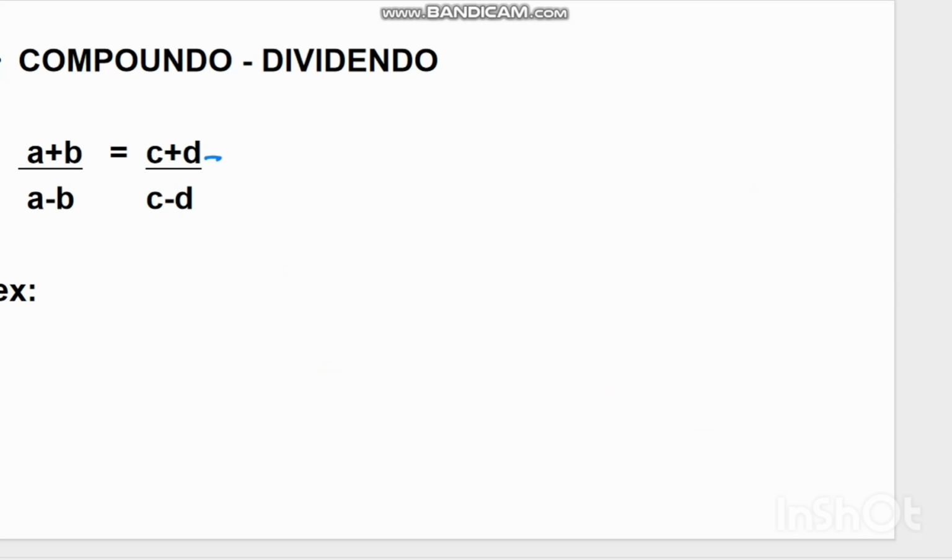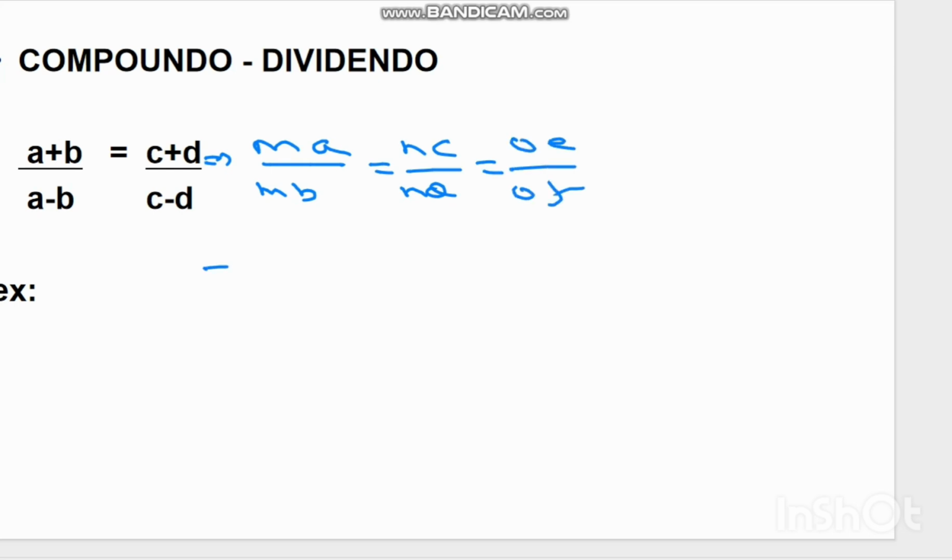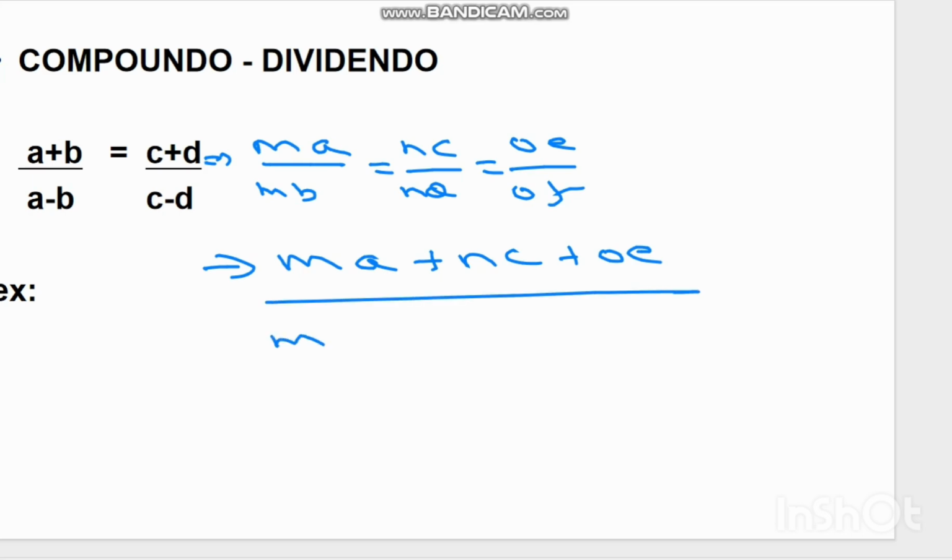In a similar way, we can also write with constants. If there are constants like MA by MB equal to NC by ND equal to OE by OF, then we can write it as MA plus NC plus OE by MB plus ND plus OF.